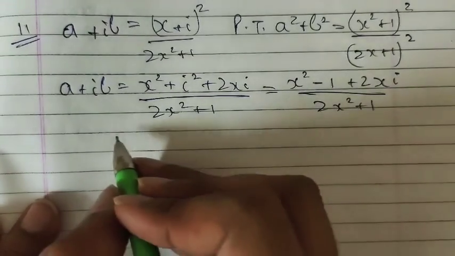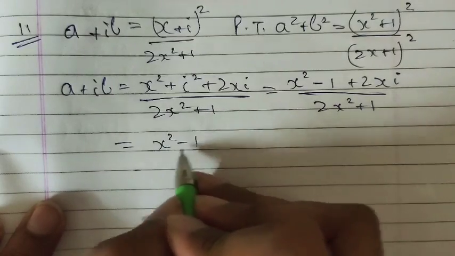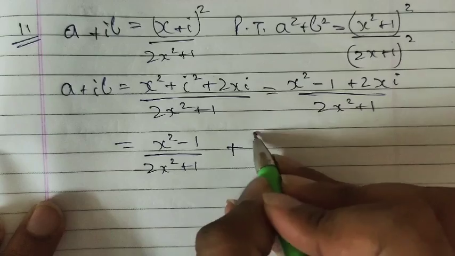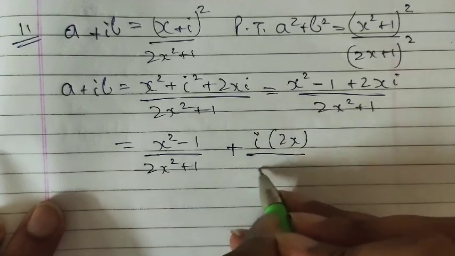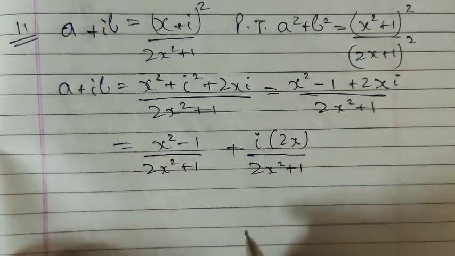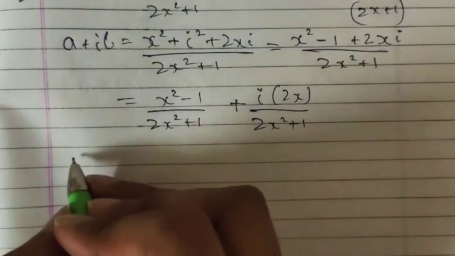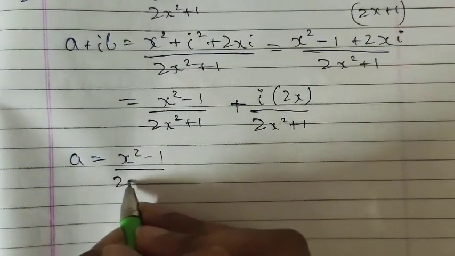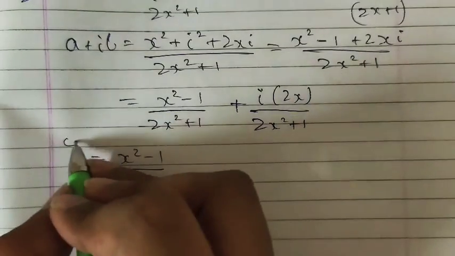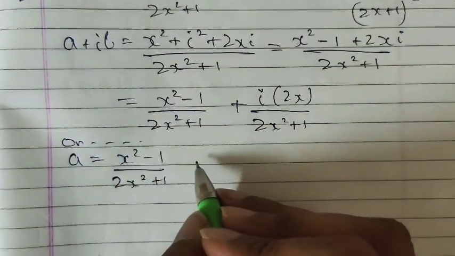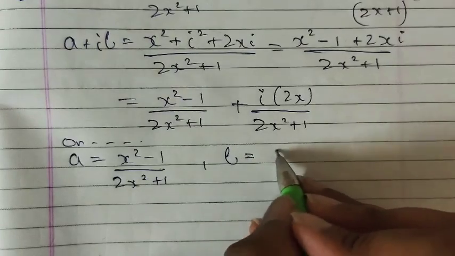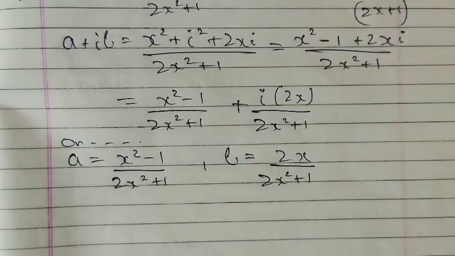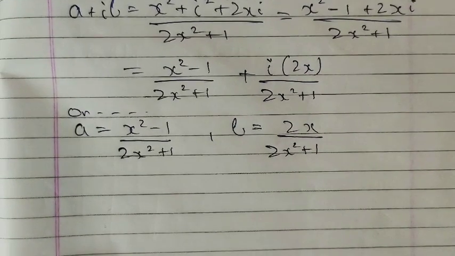So this can be written as x square minus 1 upon 2x square plus 1 plus iota times 2x upon 2x square plus 1. So on comparing the coefficients, a is equal to x square minus 1 upon 2x square plus 1. Similarly, b is equal to 2x upon 2x square plus 1, right?